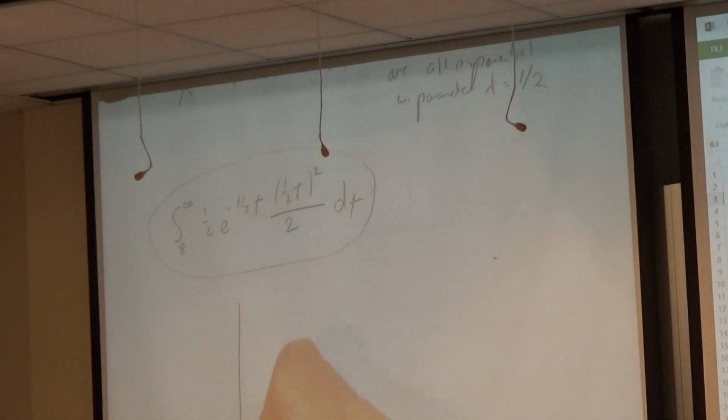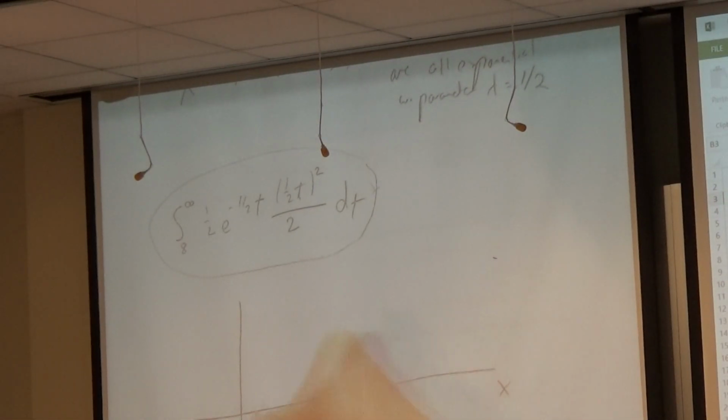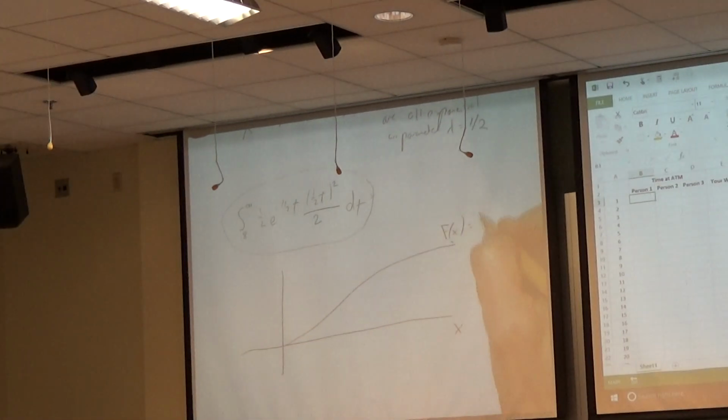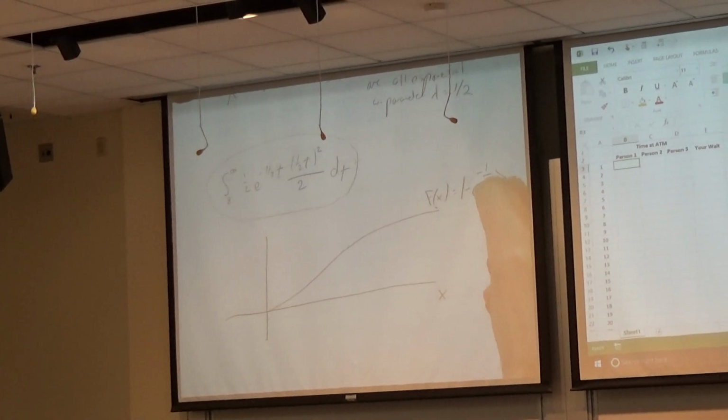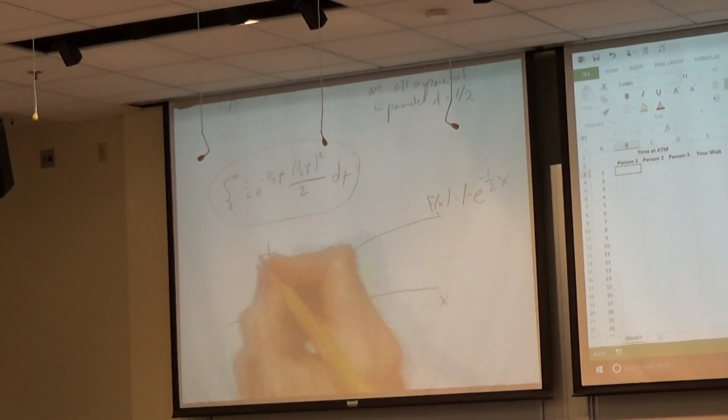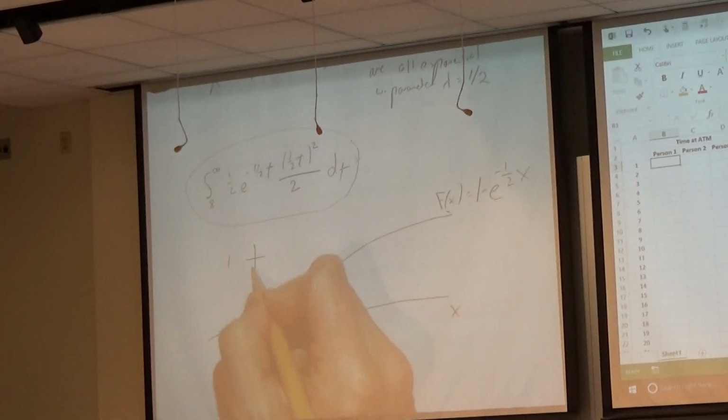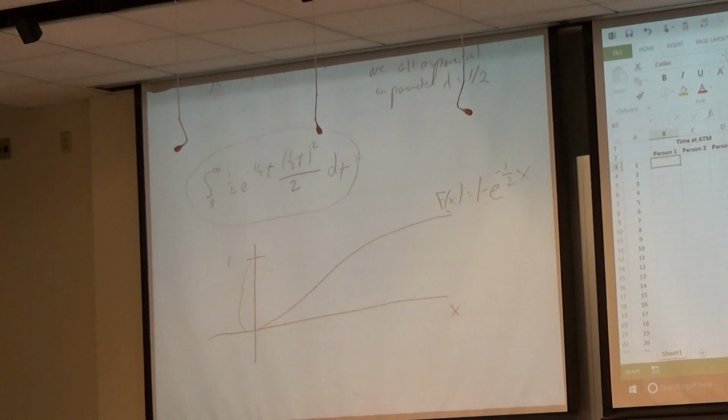Well, let's look at this. If I look at this exponential distribution, here's my x, here's my CDF, which is 1 minus e to the negative lambda x. In my case, the lambda is a half. And if I want to generate this, I'm always starting out with a uniform. My uniform u equals rand. And I need to go from u, this probability between 0 and 1, to what the x is.